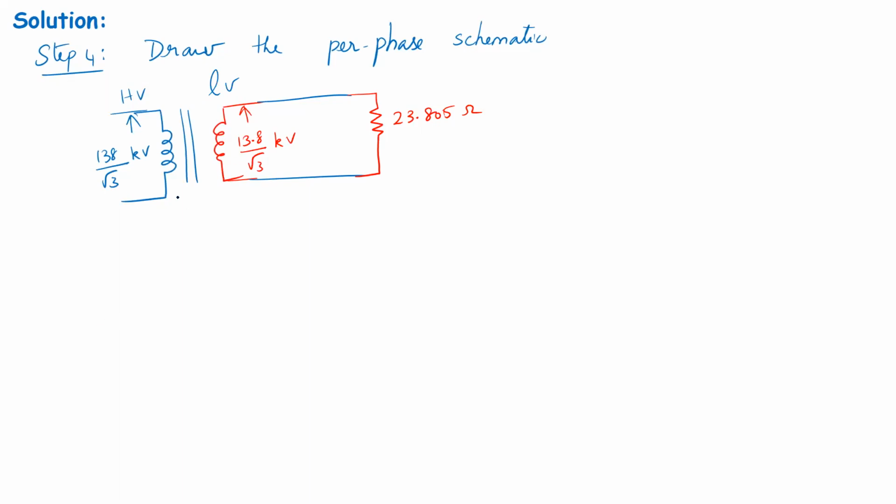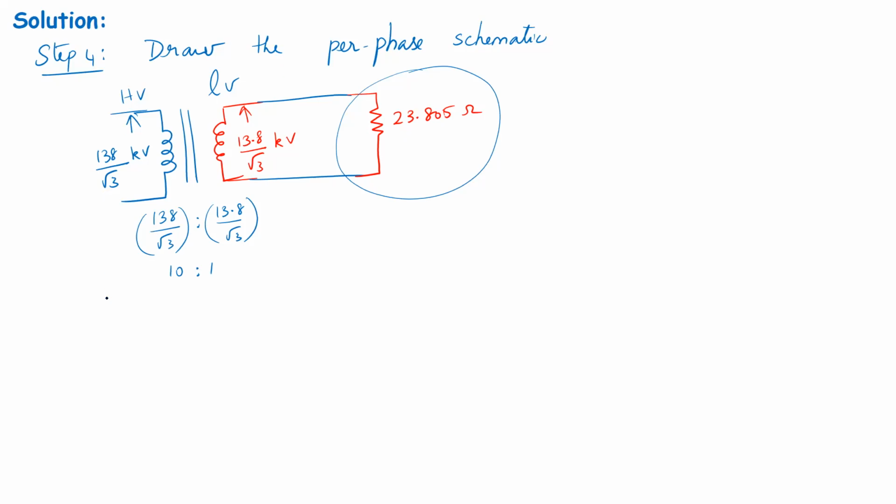So what is the turns ratio of this single phase transformer? It is nothing but 138 divided by root 3 is to 13.8 divided by root 3, which is nothing but 10:1. So the turns ratio of this single phase transformer is 10:1. And all I want to do is I want to bring this load resistance onto the high voltage side.